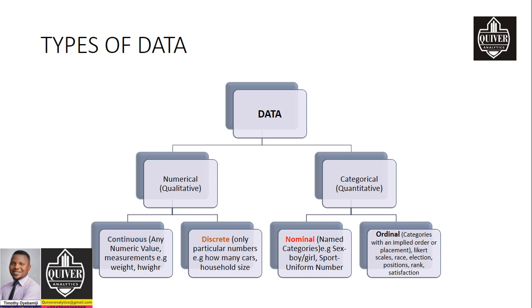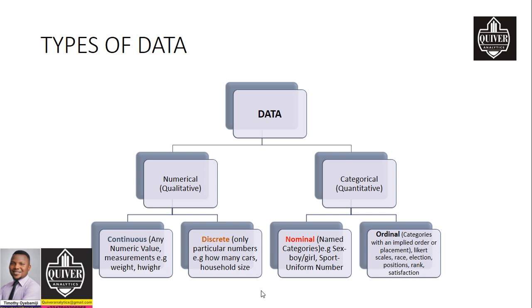All right. So also still under categorical, we have the nominal data. Ordinal is simple because we are reporting numbers: first, second, third, fourth, fifth. 55 tells us this person comes after 54. But in nominal, we have named categories, for example, sex is boy or girl.